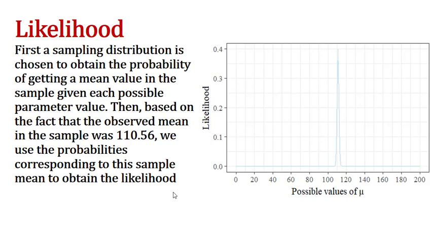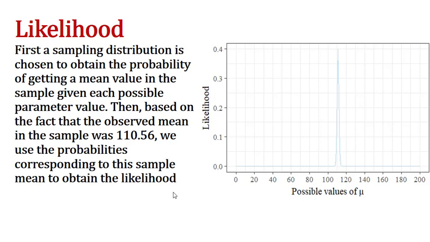And basically we've got a probability distribution for obtaining each possible value of the mean in our sample, given each possible value of mu between 70 and 130, weighted by the prior. But in this case the prior is 1, so we would have the same weight.